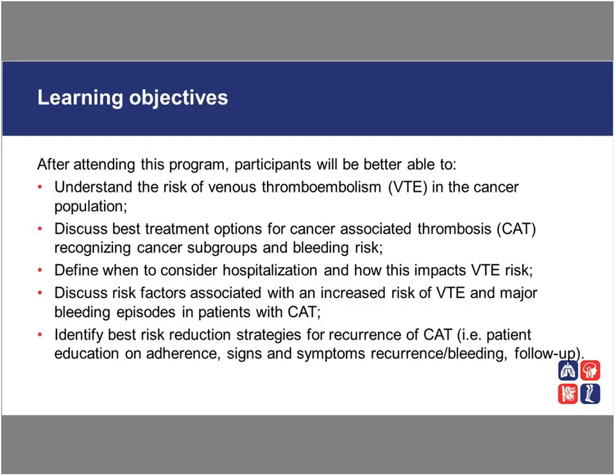So the learning objectives for tonight's presentation, we hope that the participants will be better able to understand the risk of venous thromboembolism in the cancer patient population, discuss best treatment options for cancer-associated thrombosis, recognizing cancer subgroups and bleeding risk, define when to consider hospitalization and how this impacts VTE risk, discuss risk factors associated with an increased risk of VTE and major bleeding episodes in patients with cancer-associated thrombosis, and identify best risk reduction strategies for recurrence of cancer-associated thrombosis.